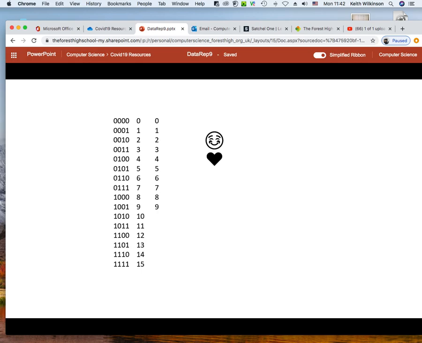And the best way of doing that is to start using the alphabet, starting at A. So we write down for 10 A, for 11 B, for 12 C, D is 13, E is 14, F is 15. And that way we just use a single digit to represent all of these. So when we go into the double digits from 10 onwards, in hexadecimal we just use a single digit. And that's its purpose, and that really makes it very easy for humans to start reading and understanding binary numbers.